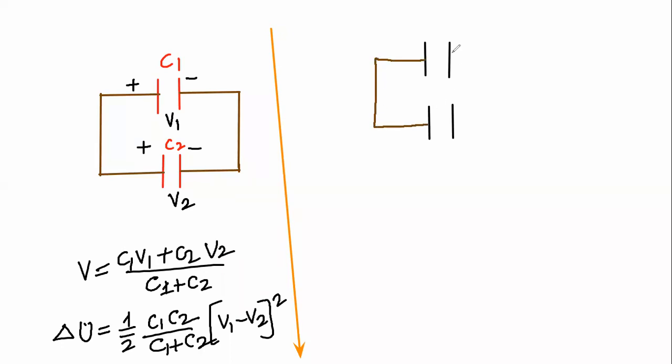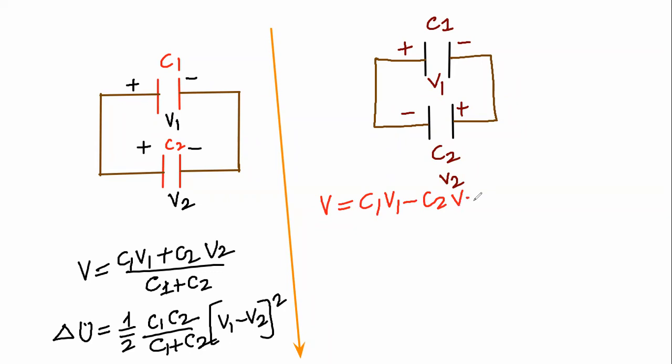Now two capacitors are taken like this, C1 and C2: positive plate, negative plate, negative plate and positive plate. They are connected like this, with potentials V1 and V2. Then the common potential V is equal to (C1 V1 minus C2 V2) divided by (C1 plus C2).